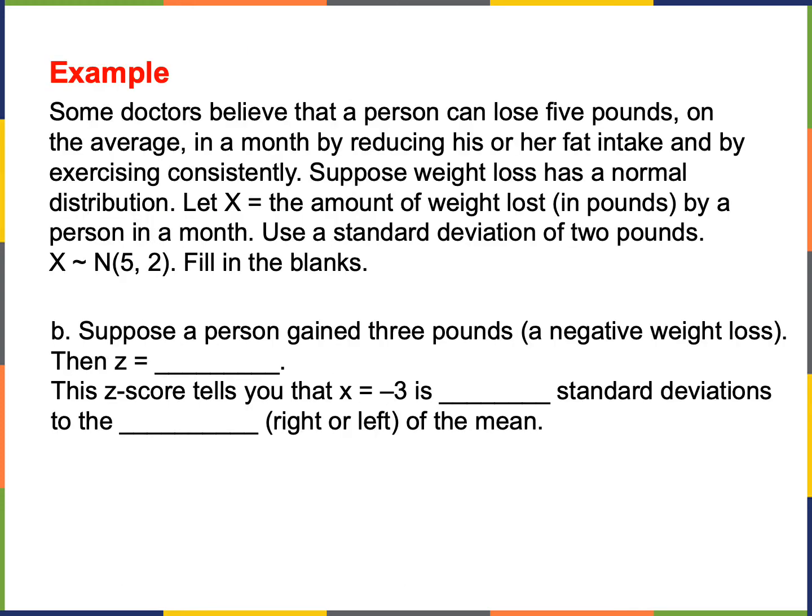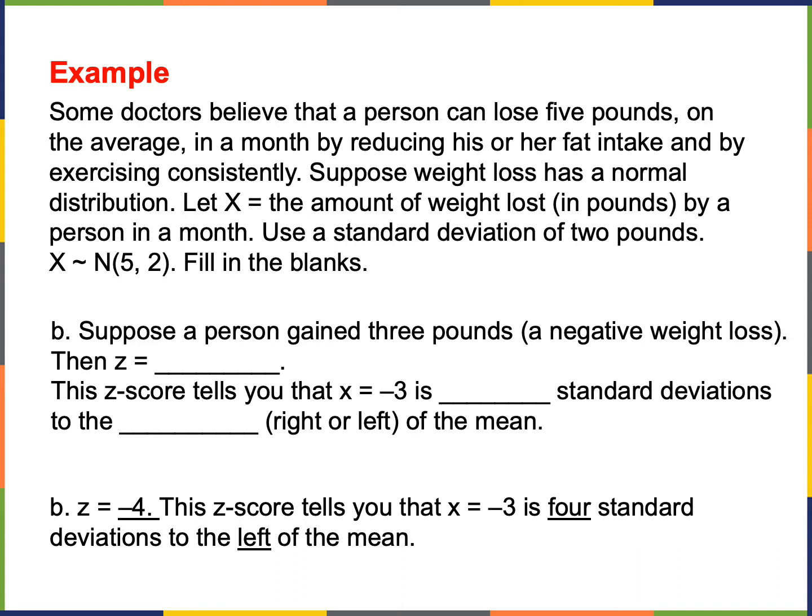All right, let's do another one. Suppose a person gained 3 pounds, which is negative, right? Then what would x be? What would z be? Gaining is a negative weight loss. That means that x is equal to negative 3. So if x is equal to negative 3, how do we find the corresponding z-score? You guessed it, we plug it into the formula. So negative 3 minus 5 over 2.